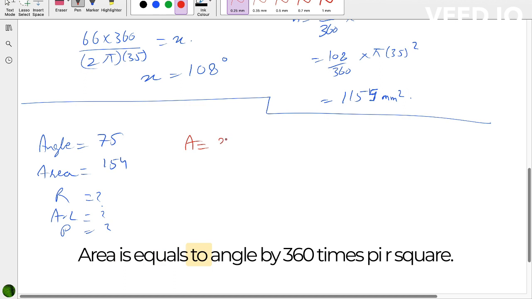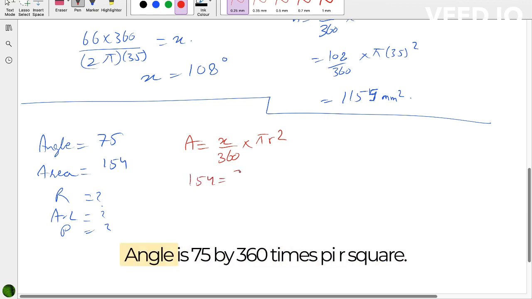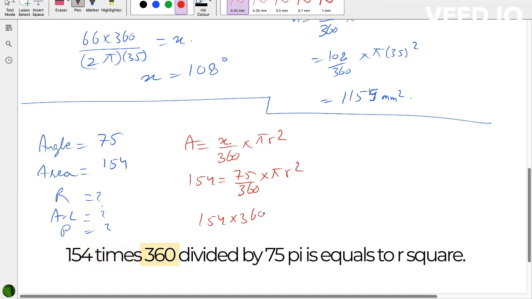Area is equal to angle by 360 times pi r square. So just plug in the values. Angle is 75 by 360 times pi r square. Now make r the subject of the formula. 154 times 360 divided by 75 pi is equal to r square.